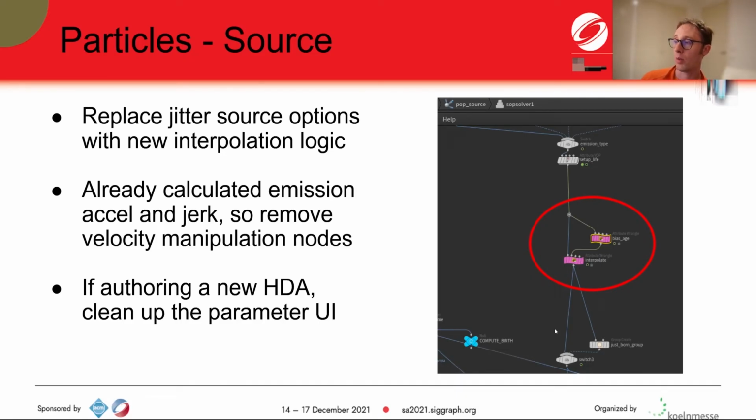And we've also gotten rid of the velocity manipulation nodes. As I said before, the velocity manipulation, such as adding noise or scaling it, all needs to happen at the motion attribute calculation stage. You could add that in here as well, but we're not going to cover that right now.